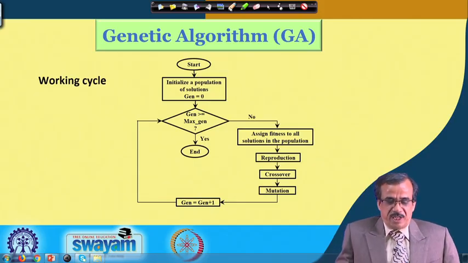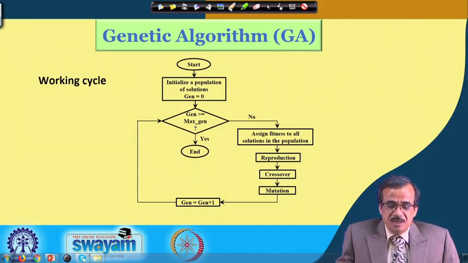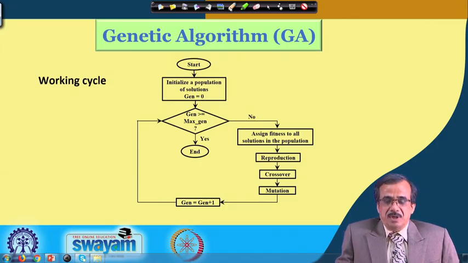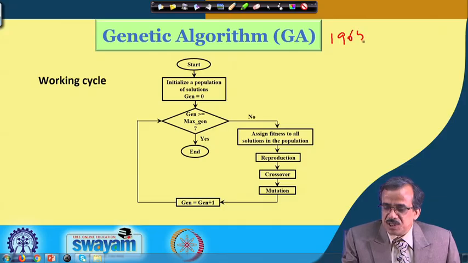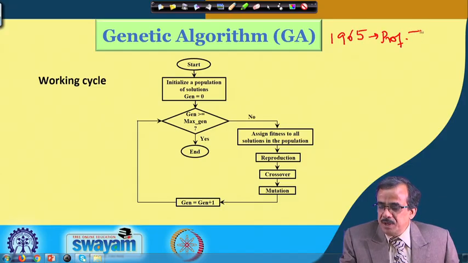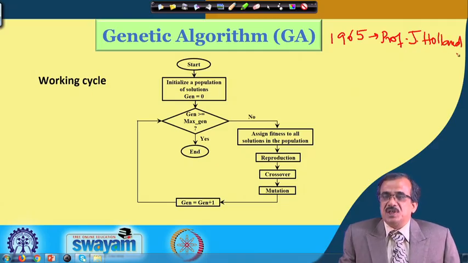Now, let me start with the working principle or the working cycle of this particular genetic algorithm. As I told, the genetic algorithm was proposed in the year 1965 by Professor John Holland. Now, he is from University of Michigan, USA.